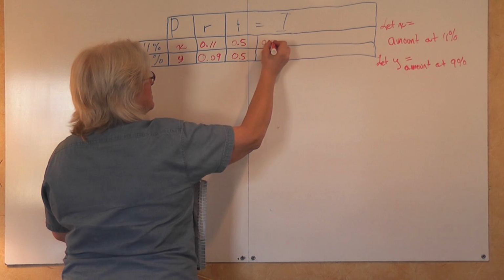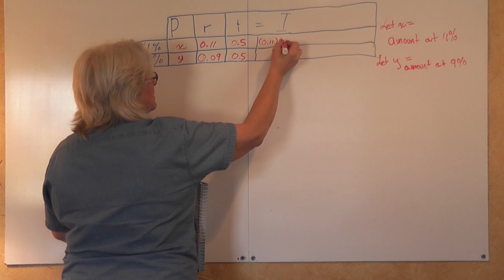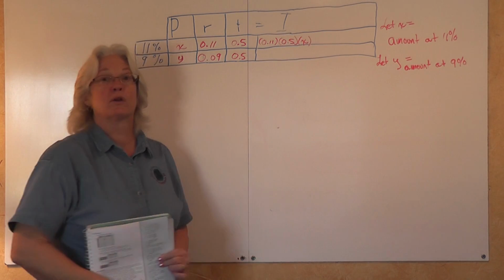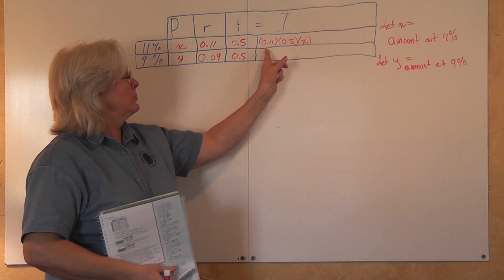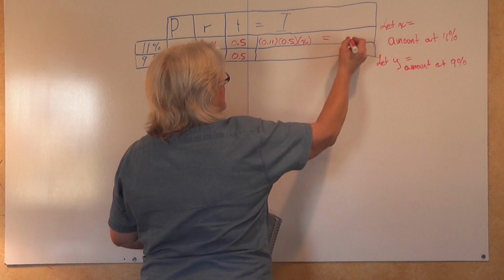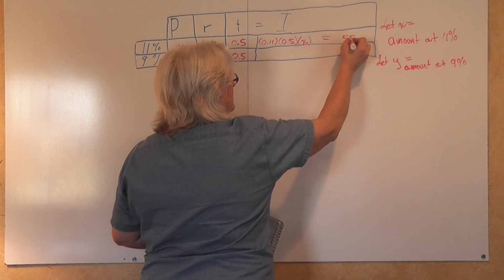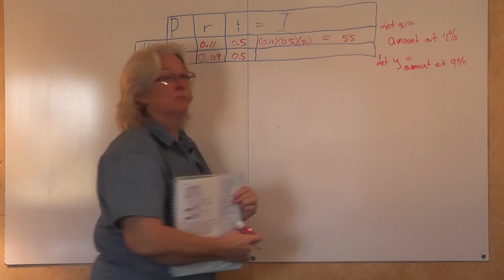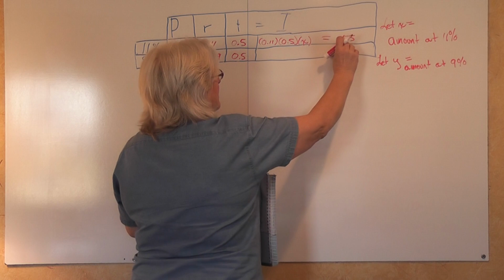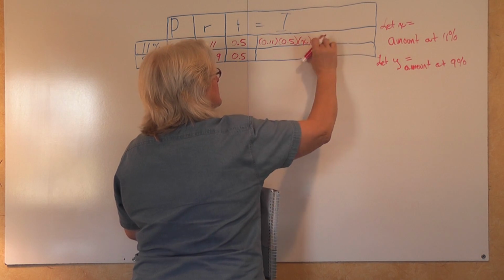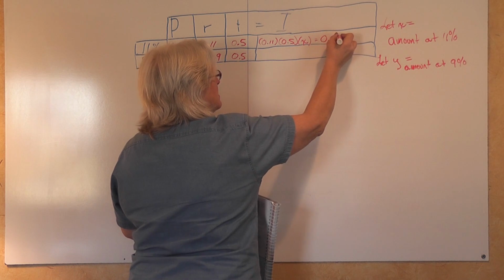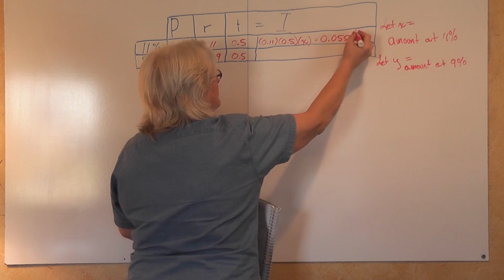Interest is equal to principal times rate times time. So we have 0.11 times 0.5 times X. We're going to go ahead and make sure that we multiply 0.11 times 0.5. That's 55. But where does the decimal point go? How many decimal places do we have? 1, 2, 3. So our answer to this product is 0.055X.